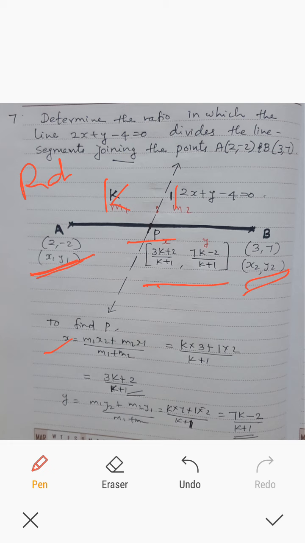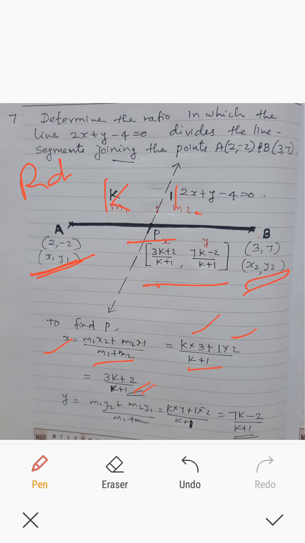x equals (m1 x2 + m2 x1) by (m1 + m2). m1 is K, x2 is 3, plus m2 is 1, x1 is 2, divided by m1 + m2, which is k + 1. So it is (3k + 2) by (k + 1).